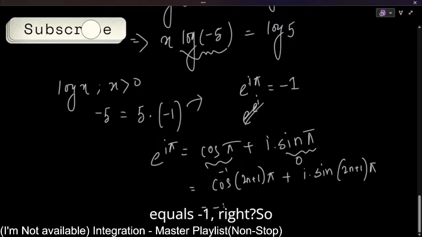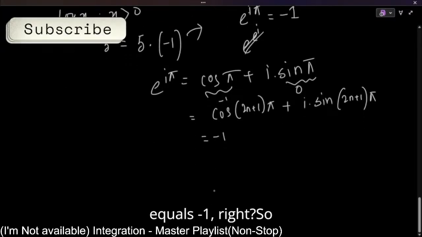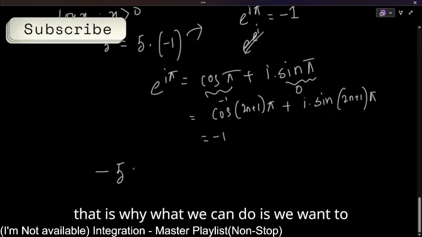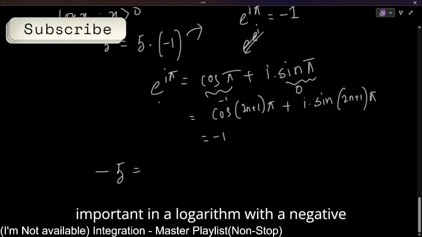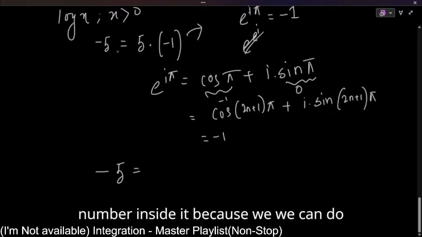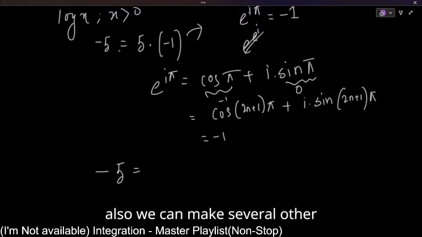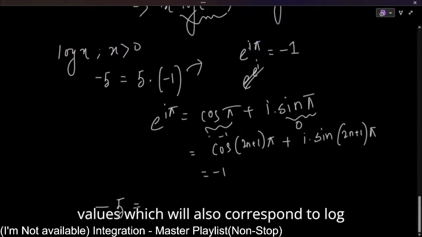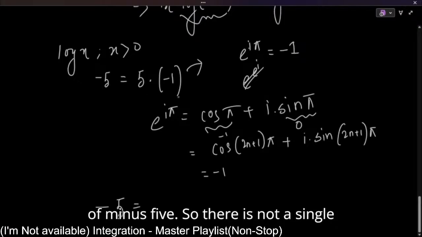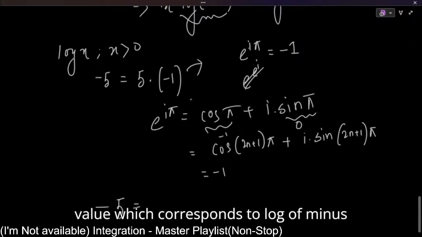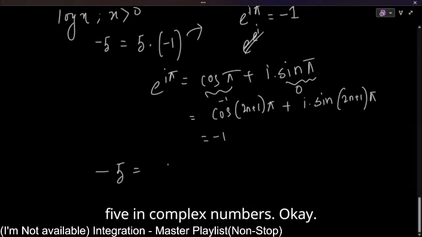So even this equals -1. We want to generalize it for n, because that is important in a logarithm with a negative number inside it: we can do the principal branch, but we can also make several other values which correspond to log of -5. So there is not a single value which corresponds to log of -5 in complex numbers.